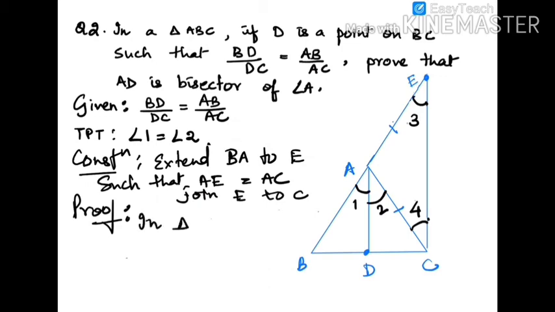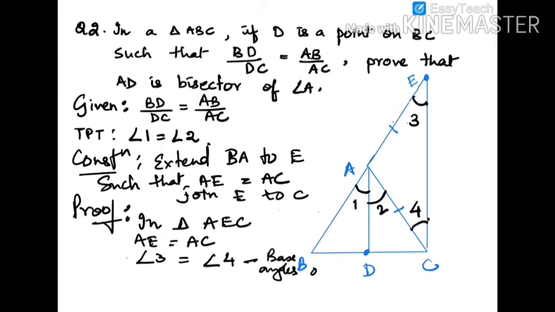So in triangle AEC, AE is equal to AC. So this implies angle 3 is equal to angle 4. Base angles of isosceles triangle are equal.